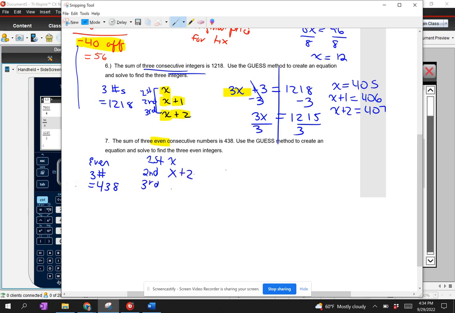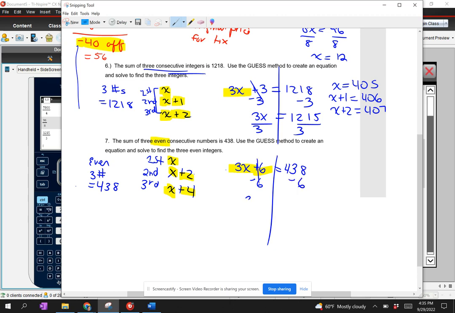And then my third number will be x plus 4. So once again, 1 number, 2 number, 3 numbers. Those numbers are x. We don't know what they are yet. And then 2 plus 4 gets me plus 6. And then equals 438.